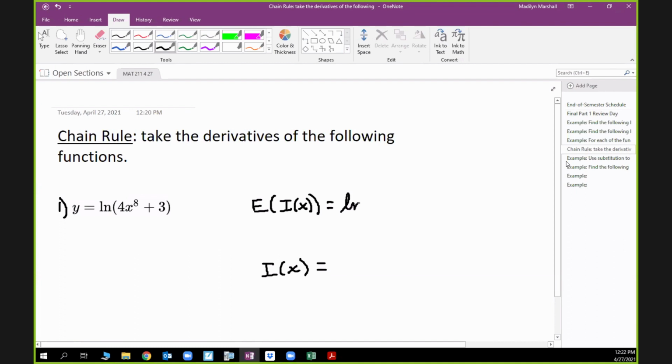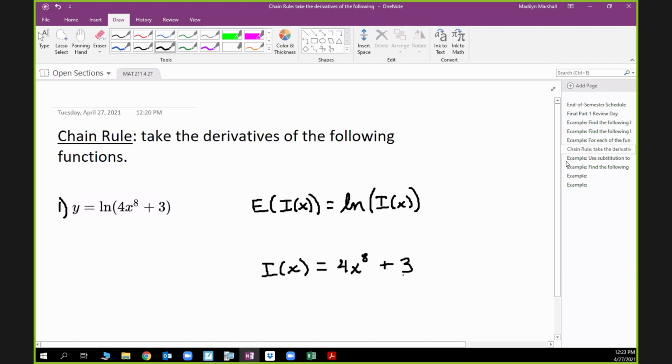Natural log, and I'm going to use the notation that we used in chapter 3 when we did this. So our interior is the I of x, so our exterior function is the natural log of that interior, which would mean the interior is that 4x to the 8th plus 6.